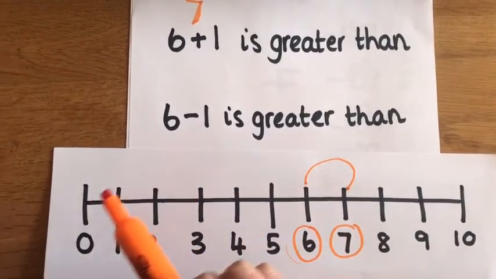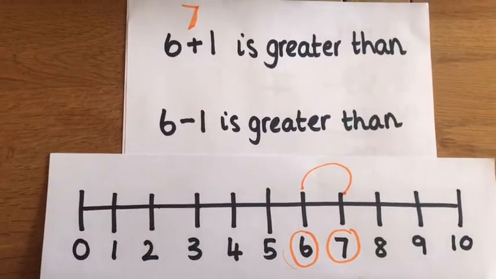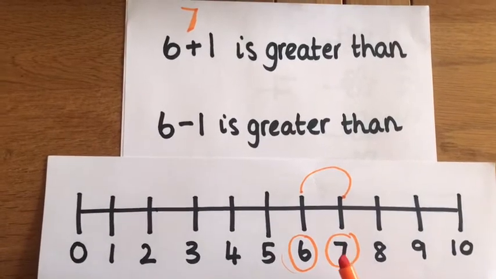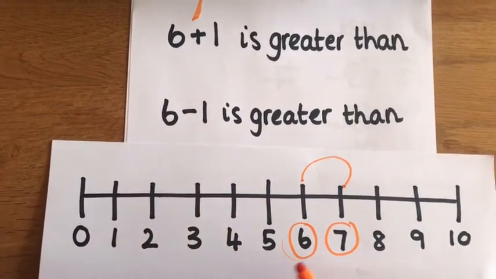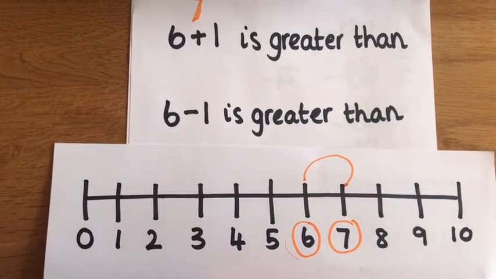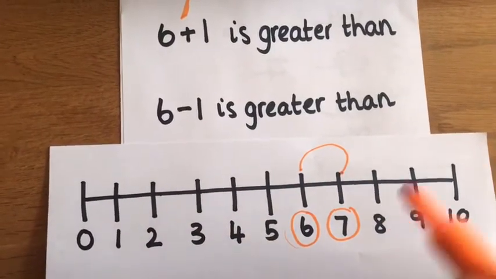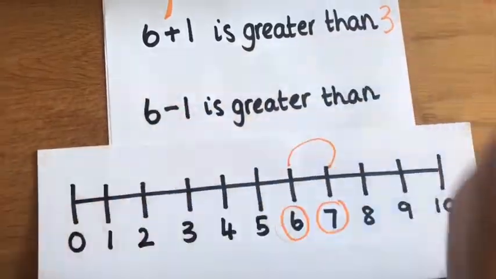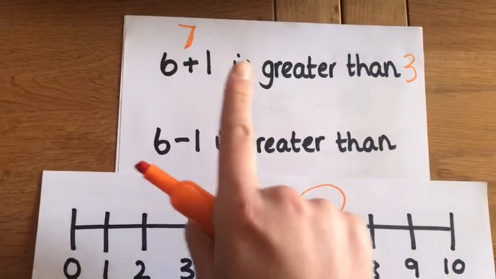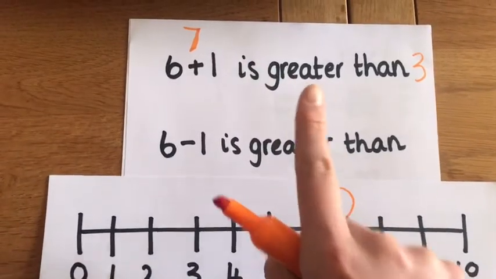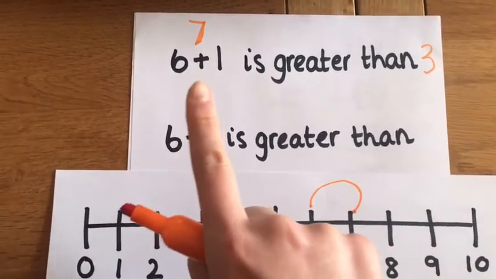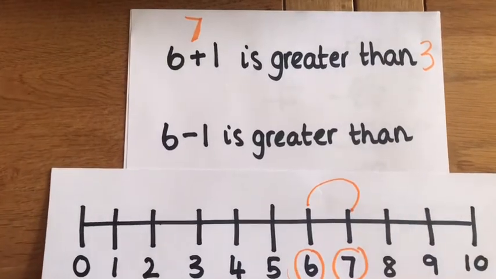Or is it going to be on this side? Yes, if I'm finding something that's less than 7, it's going to be on this side. So I can choose any of these numbers. I'm going to choose 3. 7 is greater than 3. It is more than 3. It is bigger than 3. 6 add 1 is greater than 3.